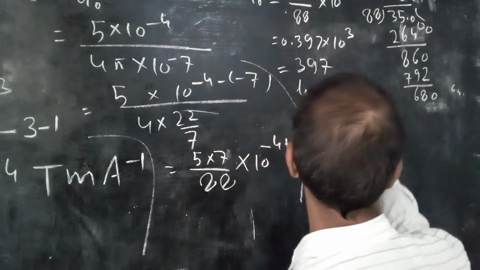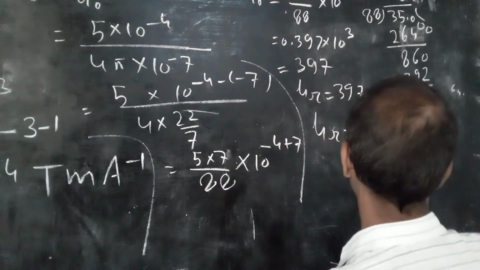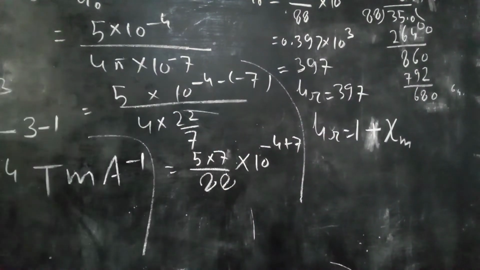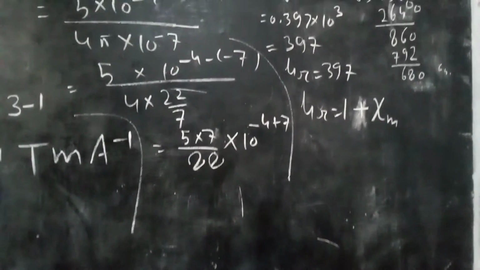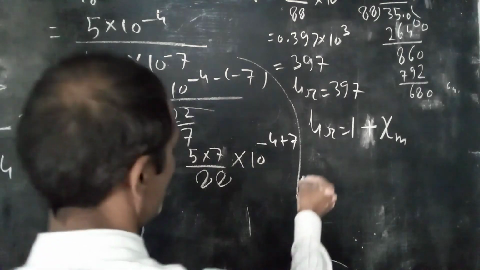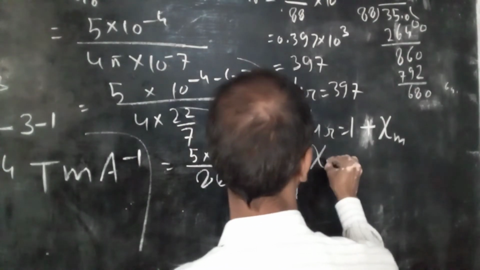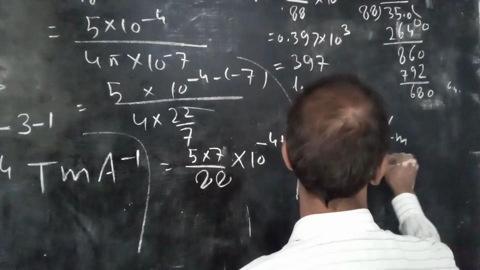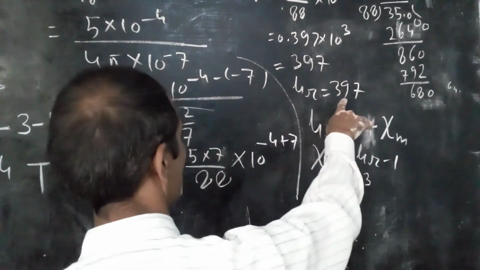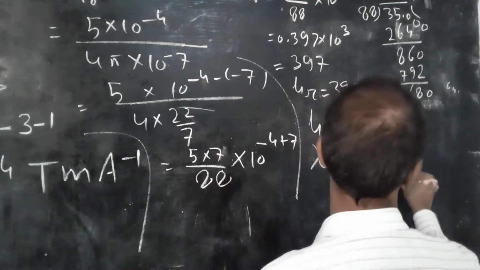So write the value of mu r. Then chi is equal to mu r minus 1, that is 397 minus 1.